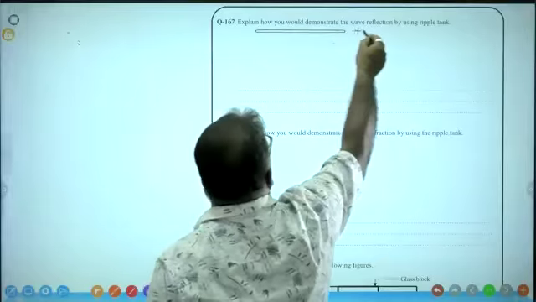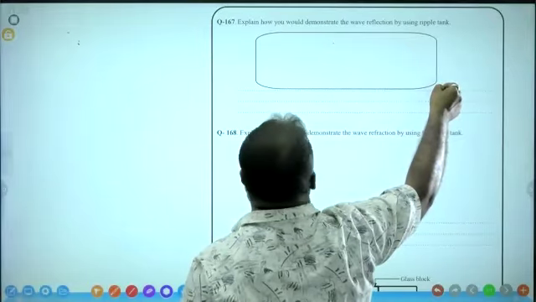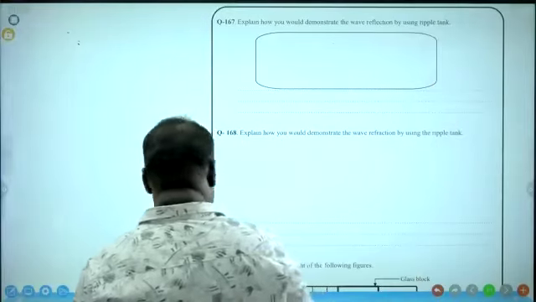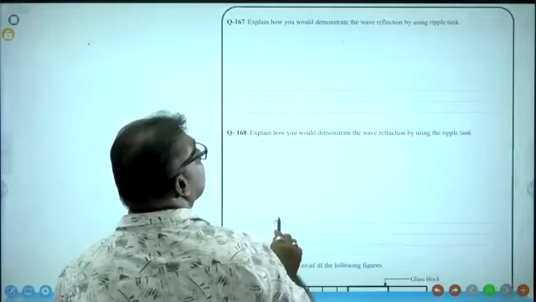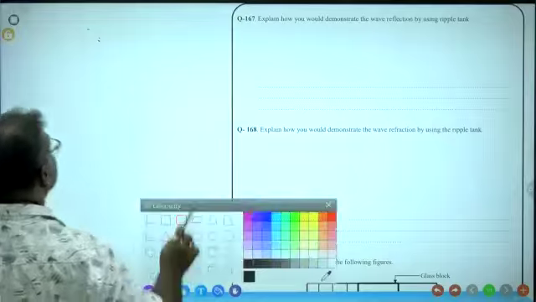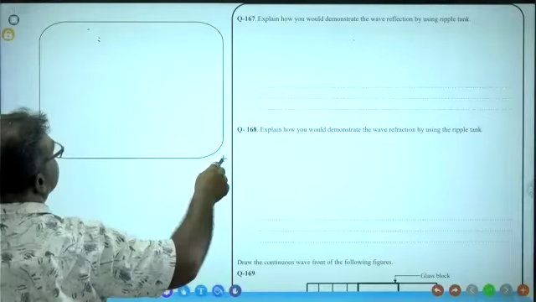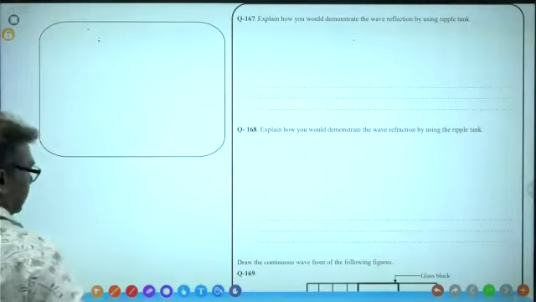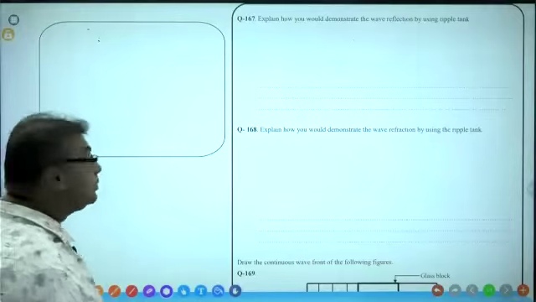Here we have, if this one is the ripple tank while observing through the upper view, right, top view.